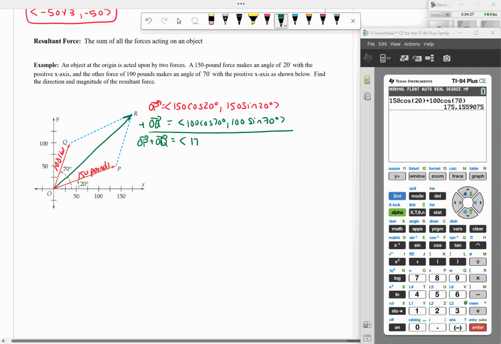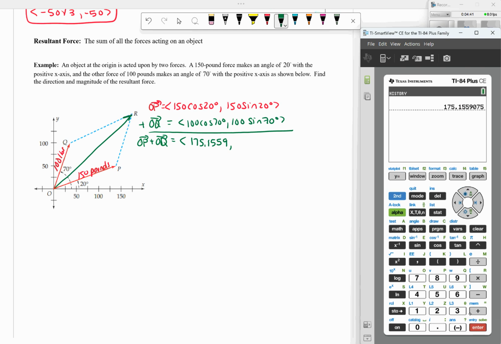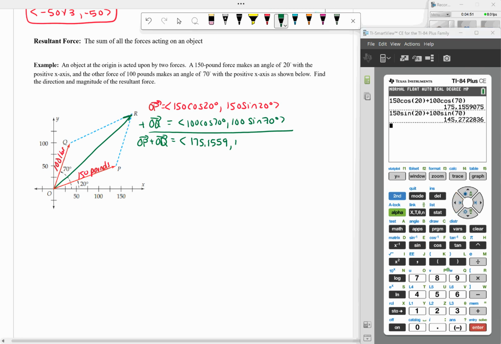This would be 175.1559, I'm using 4 decimal places. And then if we do the same thing except change the cosines to sines instead, we end up with 145.2723.